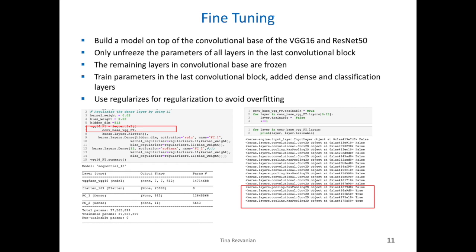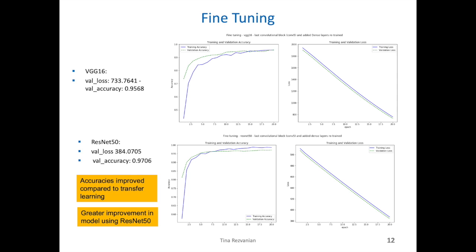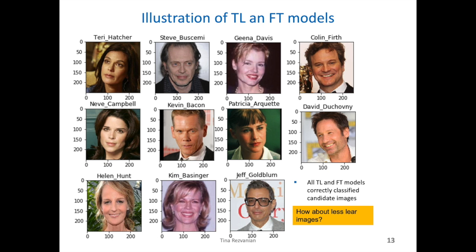Then the remaining layers in the convolutional base are frozen. Then the parameters in the last convolutional block and added dense layer are retrained. The results show that accuracy of both VGG16 and ResNet models improved in fine-tuning, and the greater improvement is for ResNet50.